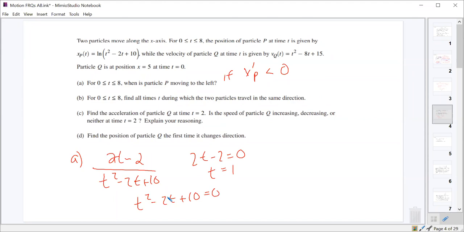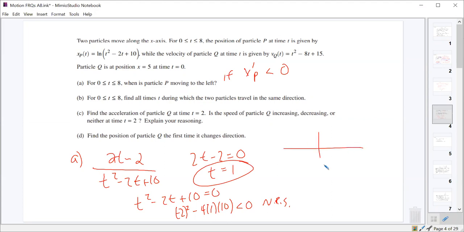Can you factor that? No. If you take the discriminant, b squared minus 4ac, the piece inside the square root of the quadratic formula, is less than 0. So there are no real solutions from that. So t equals 1 is the only place where it's going to change directions.